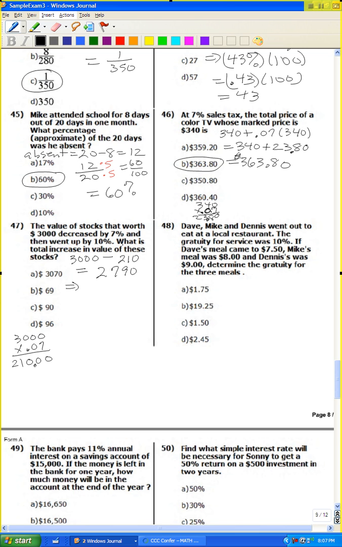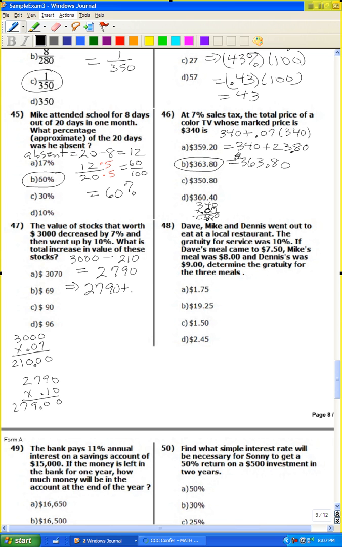Now, after that, they then went up by 10%. And so let's find what is 10% of 2790. Hopefully it's 279. And so you started with 2790.